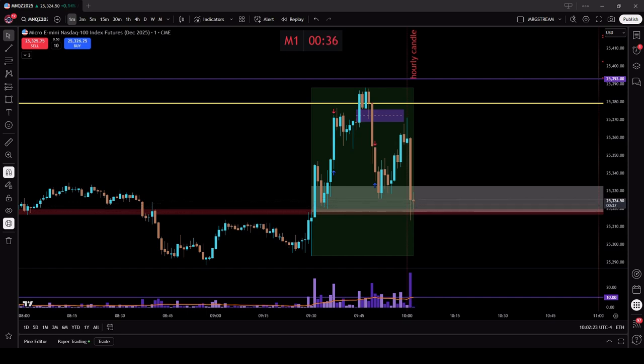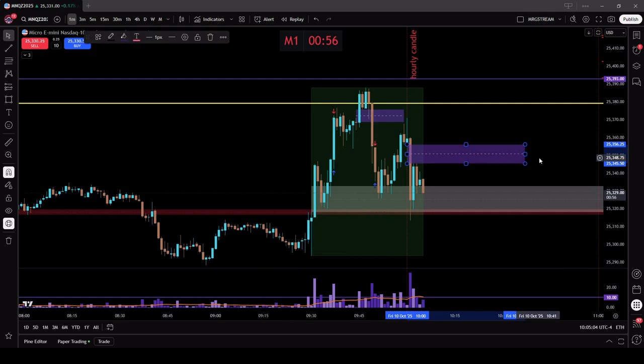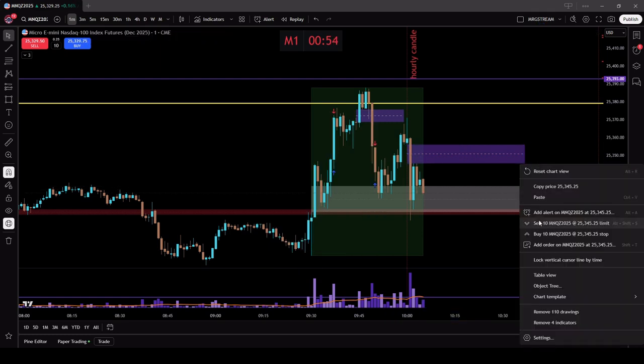Pretty tricky, but nonetheless, that's what I think they look like when they're really high probability, especially when, in this instance, that first candle is a down close and the next one is an up close.